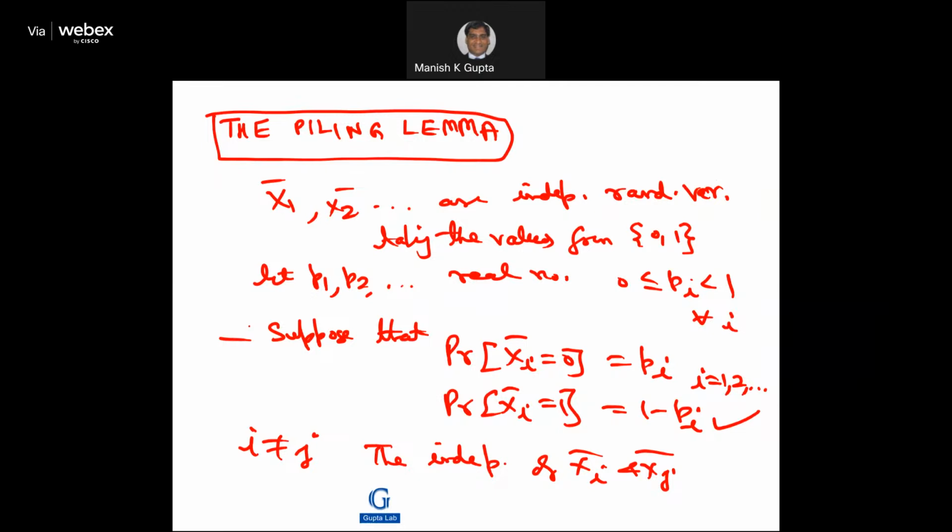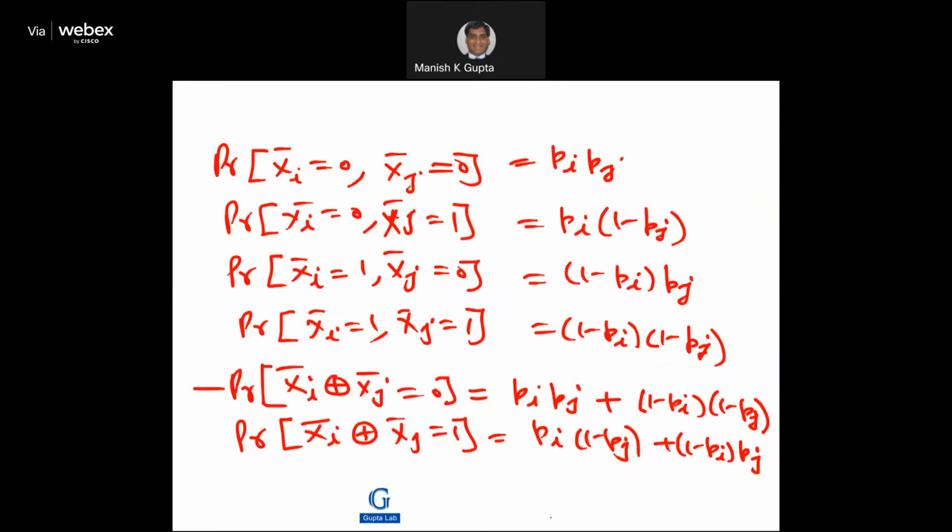Now I can compute these probabilities. The probability that xi is equal to 0 and xj is equal to 0 is how much? Because the probability that xi is equal to 0 is pi, and the probability that xj is equal to 0 is pj, when we take it combined, it is the product of pi and pj.